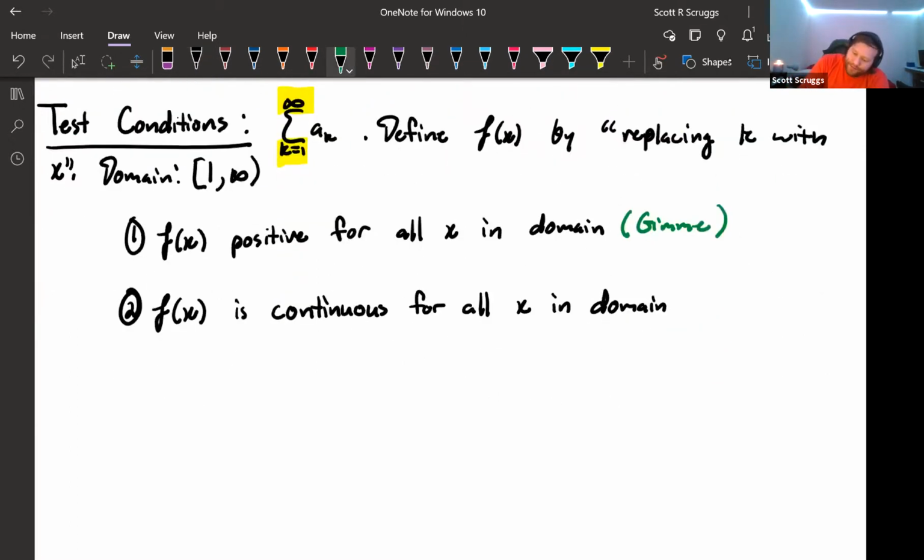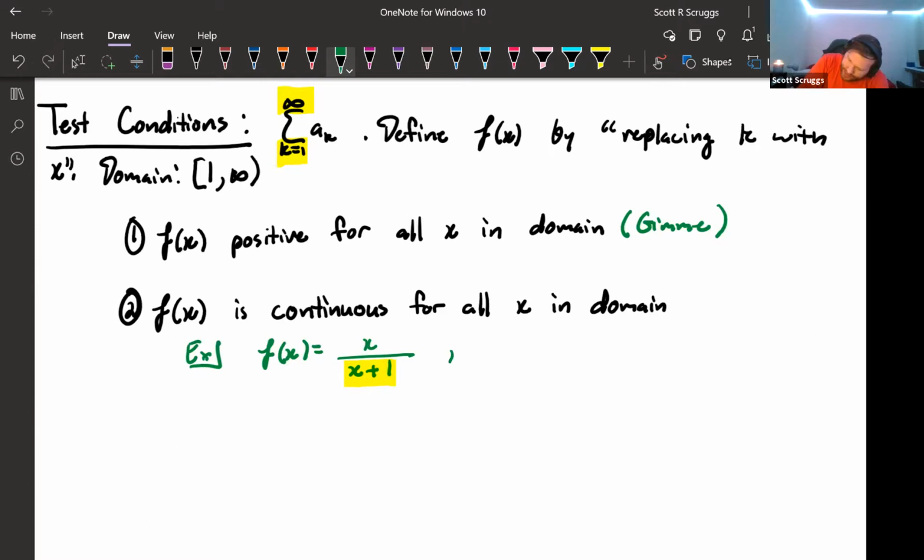So for example, let's say the function that I formed after I replace all of the k's with x is x over x plus 1. Now, the only way for that function to have a discontinuity is if the denominator equals 0. And the denominator equals 0 if x equals -1.